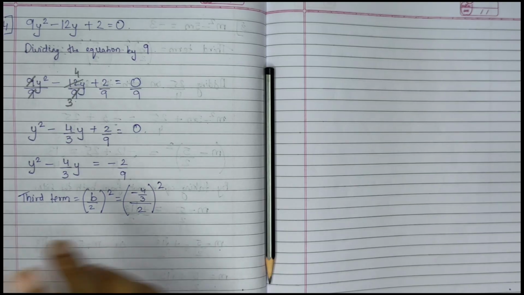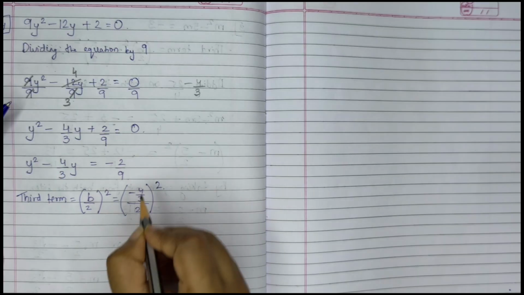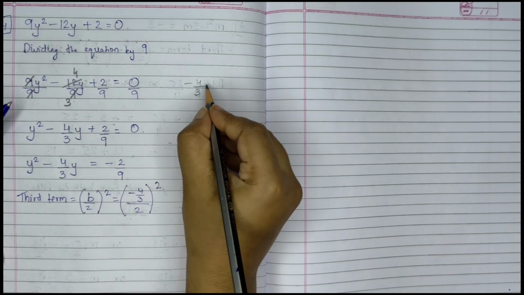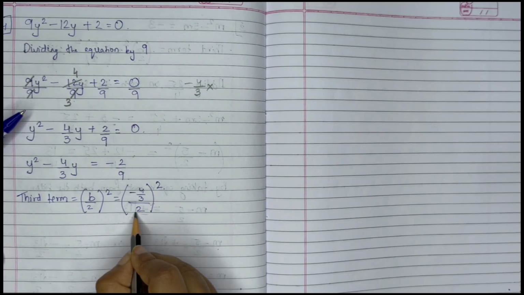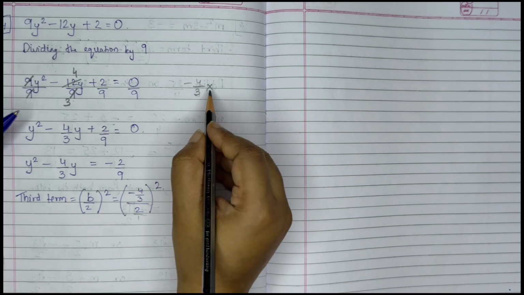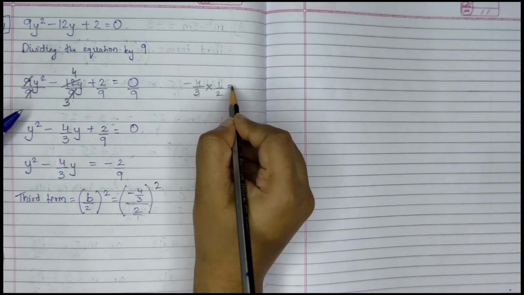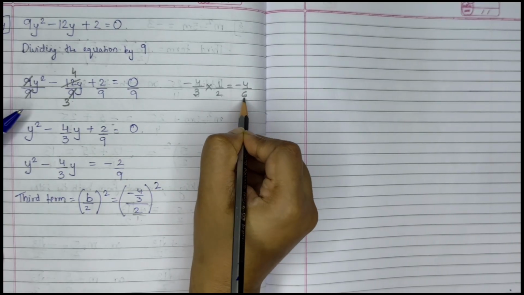Now suppose, I'll just show you this once. Minus 4 upon 3, this is in division. Now when you write it into multiplication, there is no number below the 2, so it is 2 upon 1. Suppose there is no number, 2 upon 1. So when you write it into multiplication, 2 upon 1 will become 1 upon 2. So what you get over here is 4 1s are 4 and 3 2s are 6.